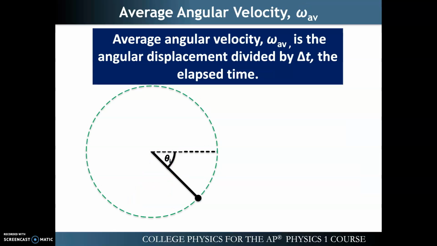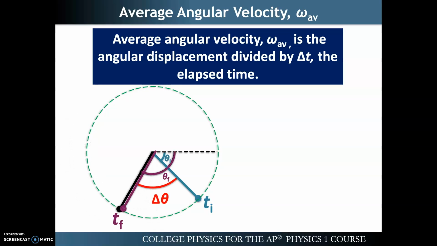As you can imagine, if we have an angular displacement over a certain amount of time, we will then have an angular velocity. This tells us how quickly the object changes angle, or I should be more precise, how fast the angle of a point on an object changes. This tells you how quick the rotation is.